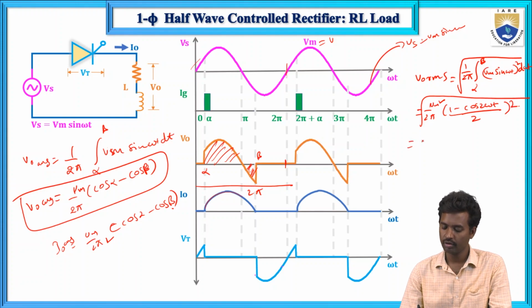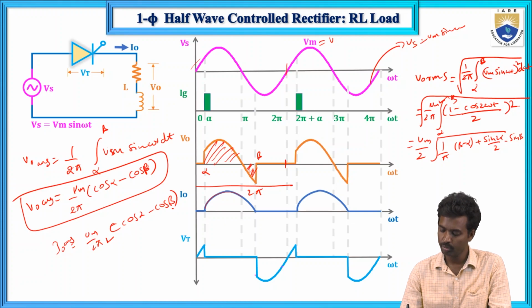So if you separate this one, the integral from alpha to beta, Vm by 2 is common. If you simplify this one, 1 by pi, beta minus alpha plus sine 2 alpha by 2 minus sine 2 beta by 2.